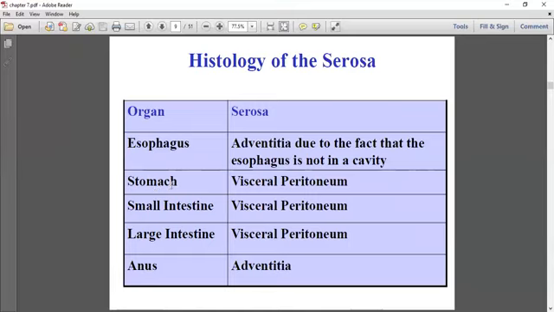Stomach lined by serosa, the external tissue layer called serosa, and serosa is the visceral membrane or visceral peritoneum, composed, as I said, of simple squamous epithelium, as well as the parts of small intestine and the parts of large intestine.